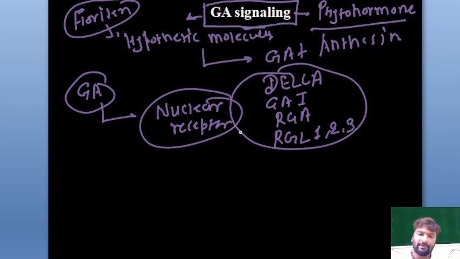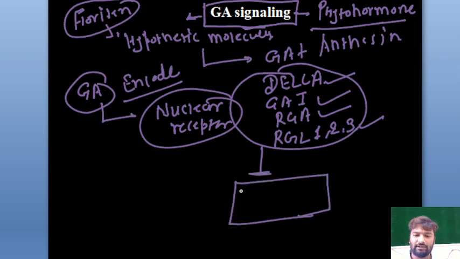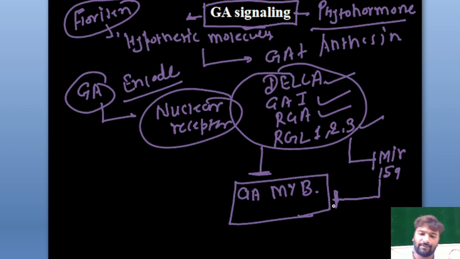So gibberellin acts on the nuclear receptors DELLA, GAI, RGA, RGL1, 2, 3, which inhibit the GAMYB genes. Also, they inhibit the microRNA159, which further represses this.